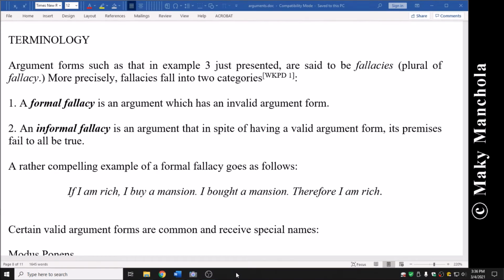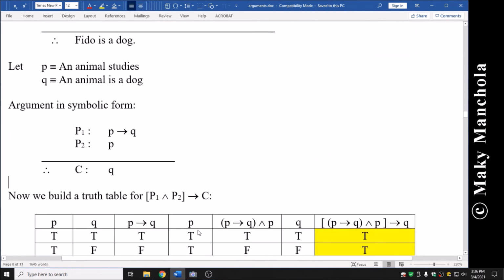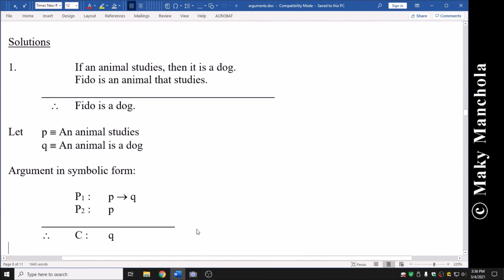An argument which has a valid argument form but whose premises fail to all be true is said to be an informal fallacy. Our examples 1 and 2 have this defect. They both have valid argument forms, but when we scrutinize the premises, we realize that some are false. So in number 1, recall, if an animal studies, then it is a dog.